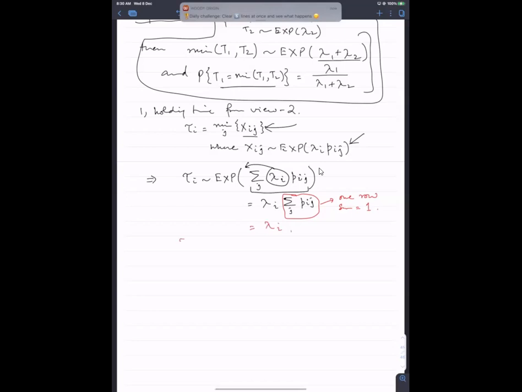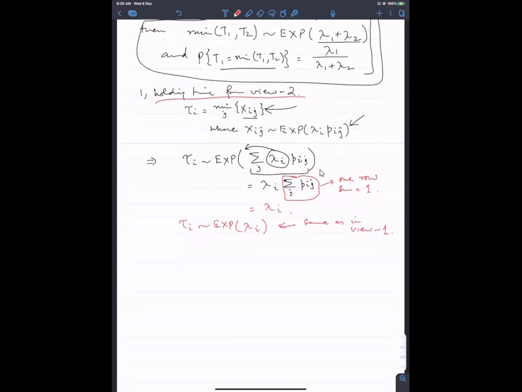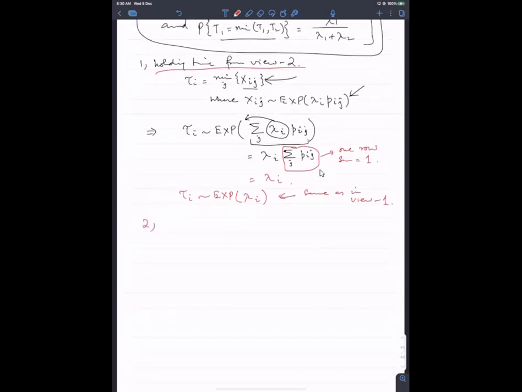So that means tau i is distributed exponentially with parameter lambda i. ये तो हमने शो कर दिया कि holding time जो है from view 2 is the same as in view 1. ये view 1 के अंदर भी ऐसे ही था. The second thing that we want to show from view 2 is the transitions.